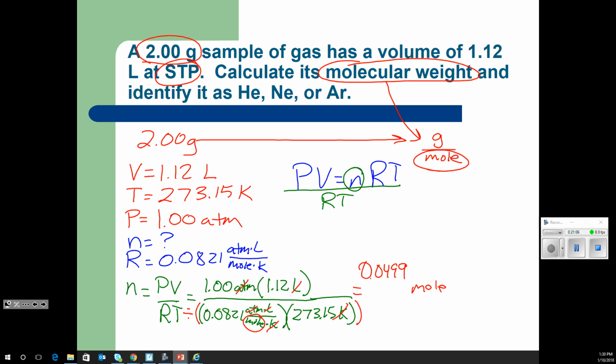Okay, moles. So now I've got the moles right here. I had the grams, so I'm just going to take 2.00 grams divided by 0.0499 moles. And what number do I get?